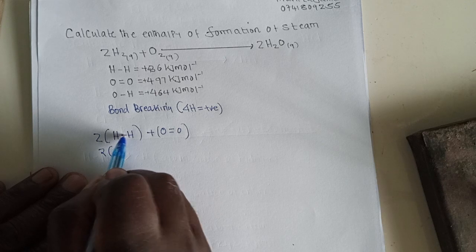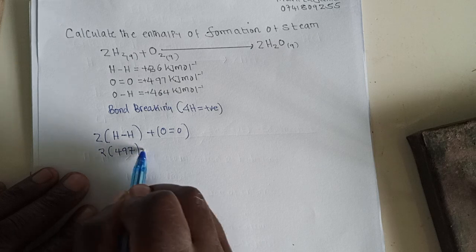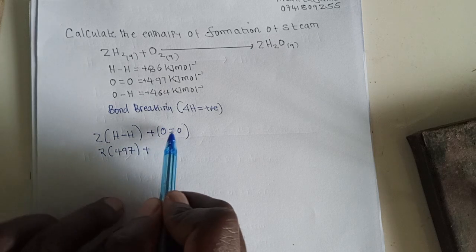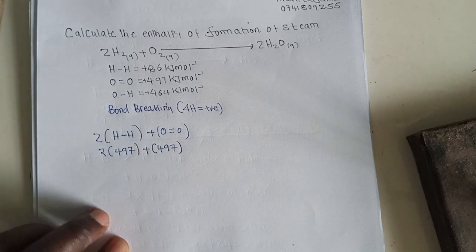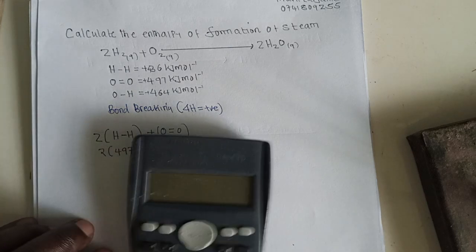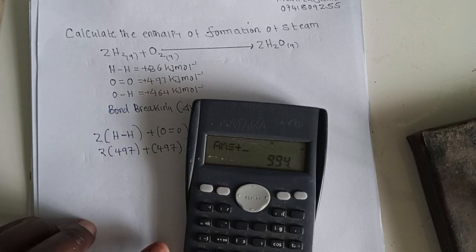So if we substitute these values, we have 2 times the hydrogen-to-hydrogen bond energy, plus the oxygen.